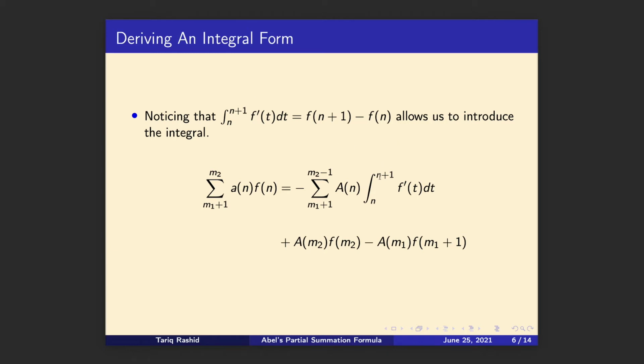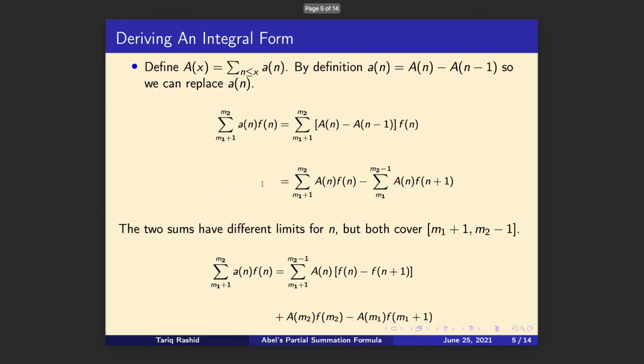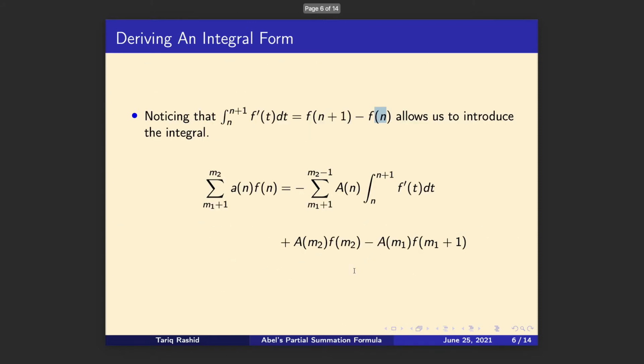The integral from n to n plus 1 gives us fn plus 1 minus fn, but we've got it the other way around here, so that's why there's a minus. That's allowed us to introduce the integral, and these are the same terms that we were carrying from before. So we're heading in the right direction. We've got something with an integral, and we've got our original object.